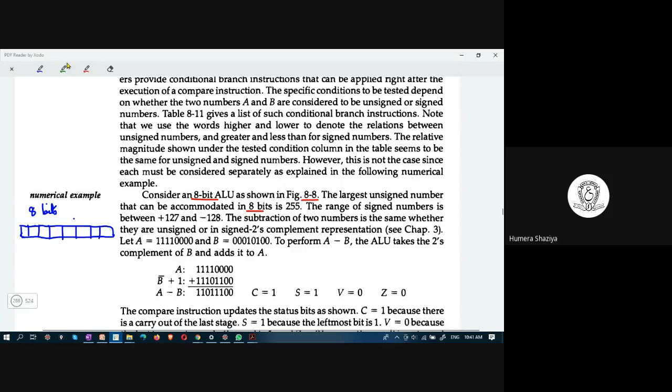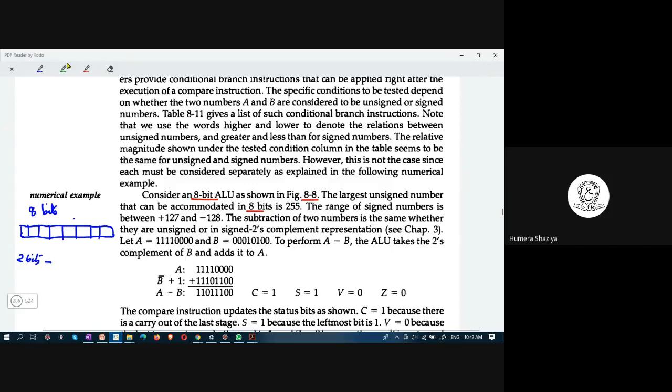Students, you know it. Think and let me know. Okay, if it is a 2 bits register, what is the range? 2 raised to power 2.